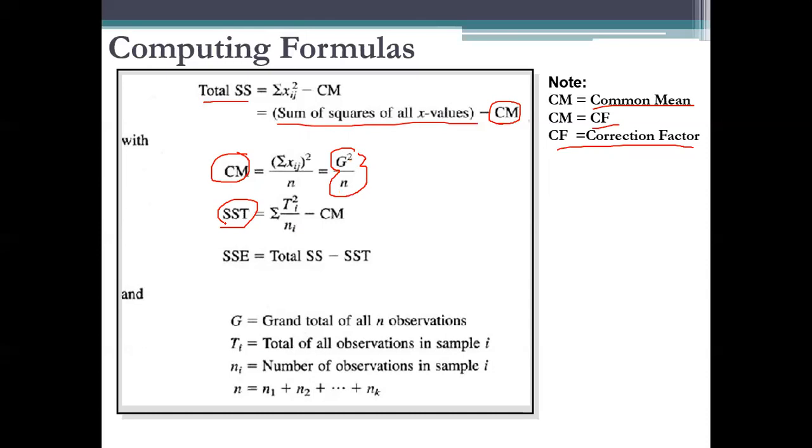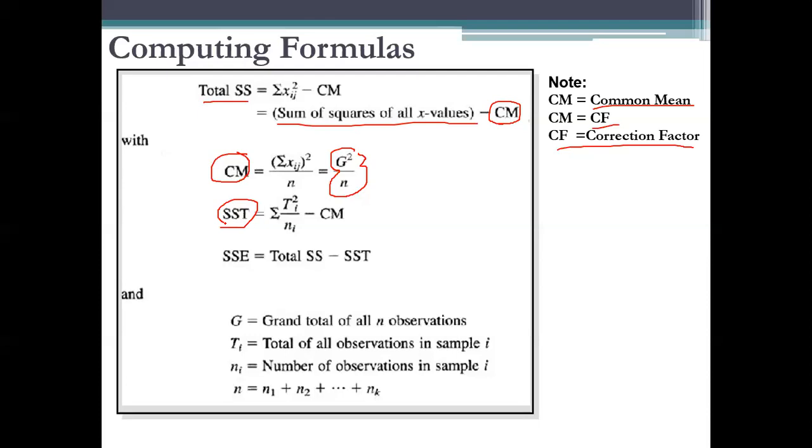The sum of squares of all observations minus the value of CM.